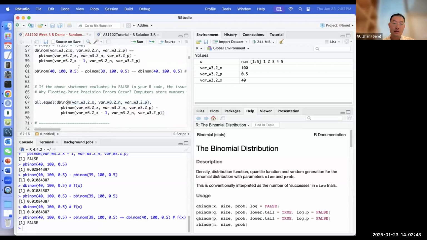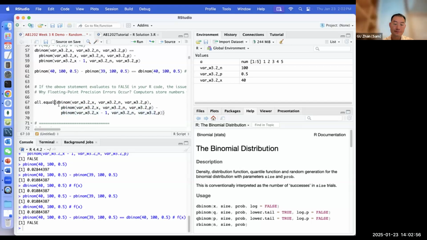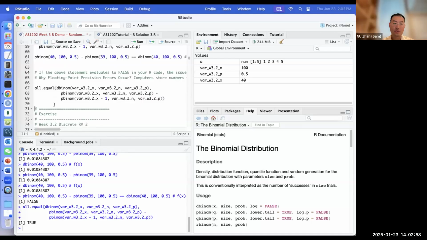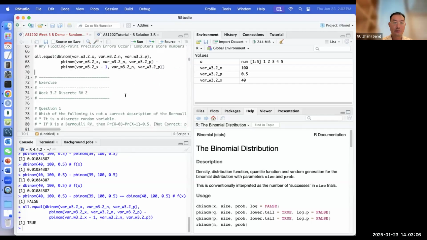One part you put the small f(x), the dbinom here. The other part is the bigger F40 minus the big F39. You run it, it says true.